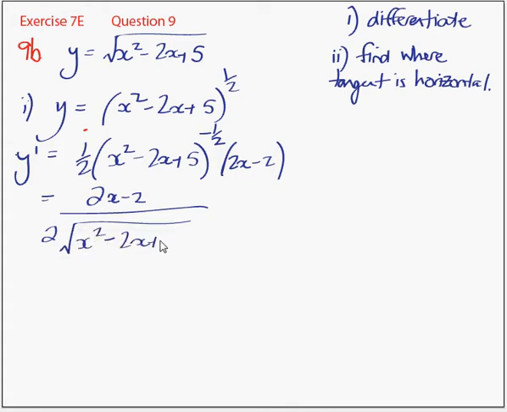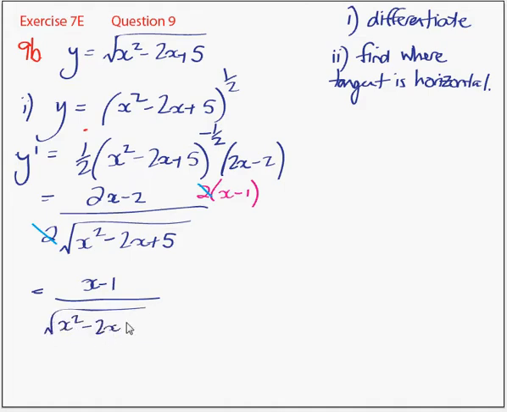Haven't finished yet. I see here I've got a common factor of 2. If I factorise this top line, what I would get is 2 lots of x minus 1. So what I can do then is cancel out this 2 and this 2, and that would leave me with x minus 1 on the top and the square root component underneath.